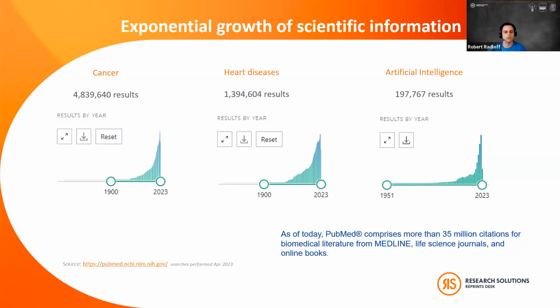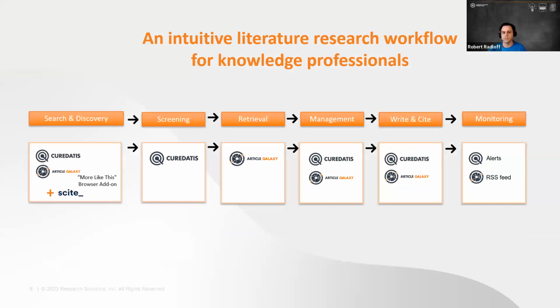Next slide, please. So again, our webinar today is about the research workflow, mainly of literature. Here we can see our ecosystem, which is broken into parts. We have a search and discovery step in the first place, where we would like to find the information which is out there.